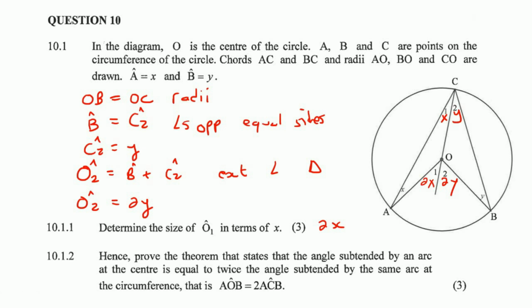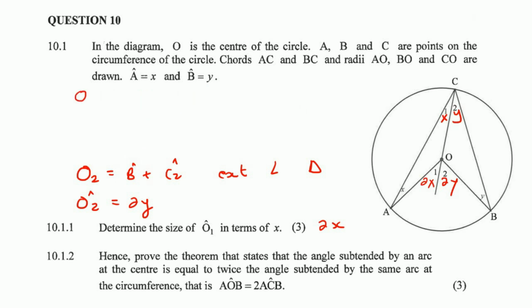Now, have a look here. If we add these two together, let's actually clear up some space. Angle O1 plus angle O2 is equal to 2x plus 2y. I'm going to take out a 2 as a common factor. Then angle C1 plus angle C2 is x plus y.